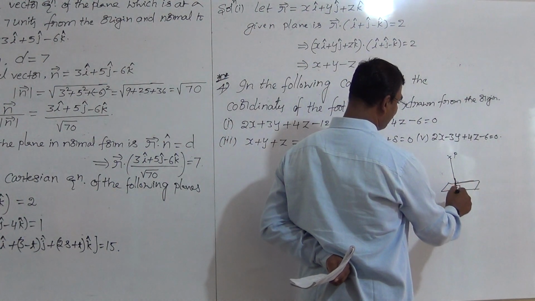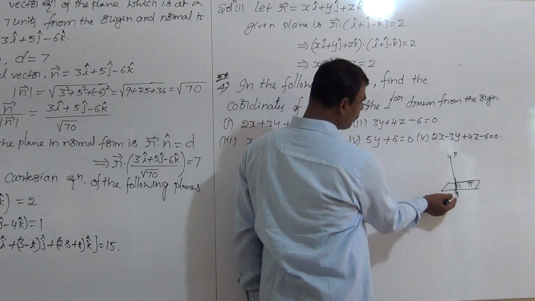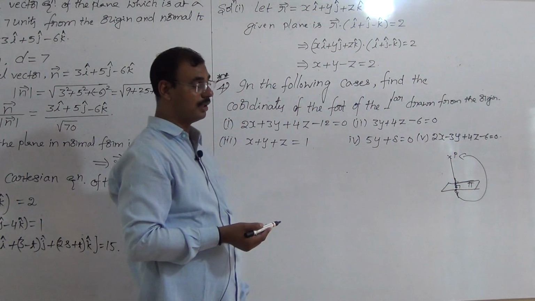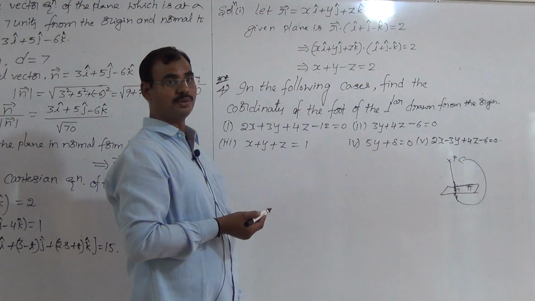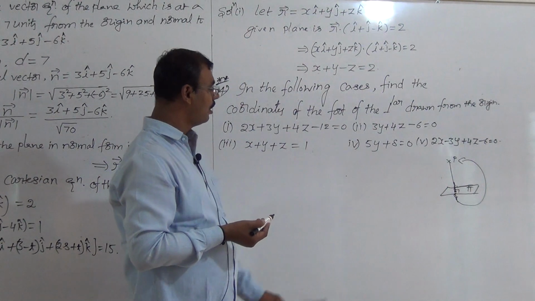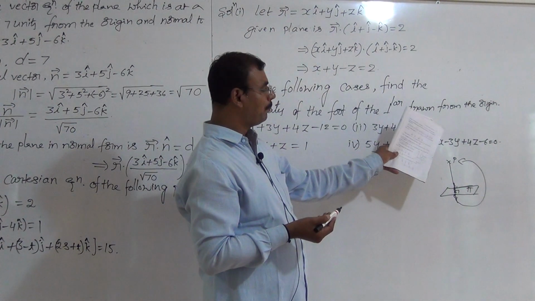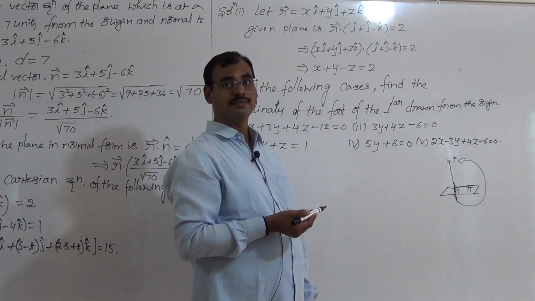So this meets at the point Q. This is the plane pi. So this Q is called the foot of the perpendicular of P. These concepts are studied in 2-dimensional geometry also. This is the definition actually.